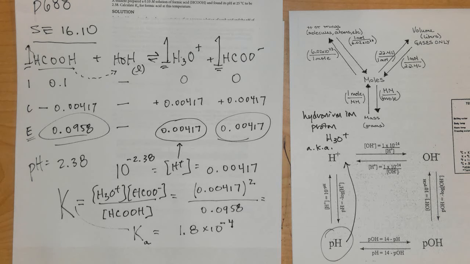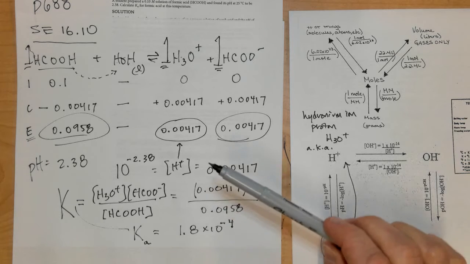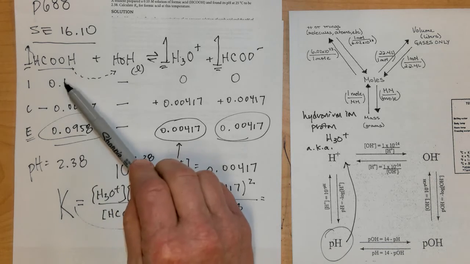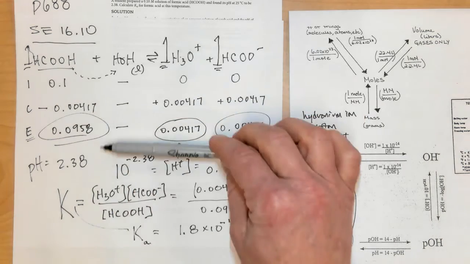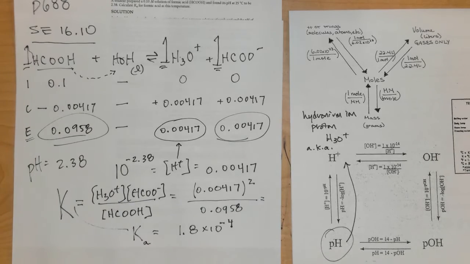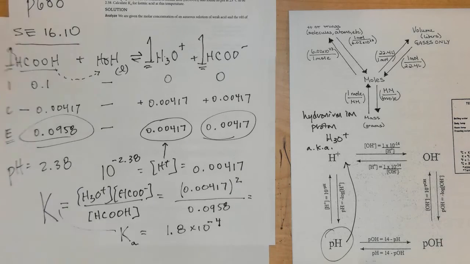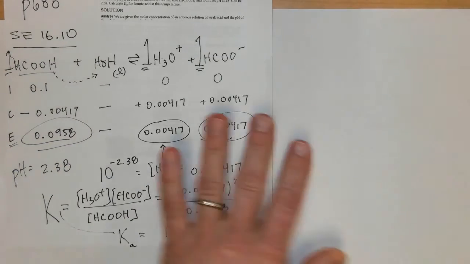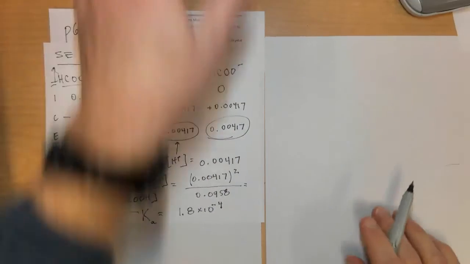So notice how I was given some data, pH, and I was given an initial concentration, and from that I could find the equilibrium constant for that substance. Now a second calculation that arises from this is the calculation of what's called percentage ionization.